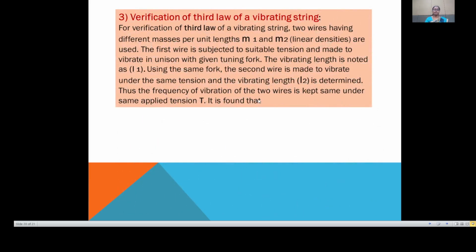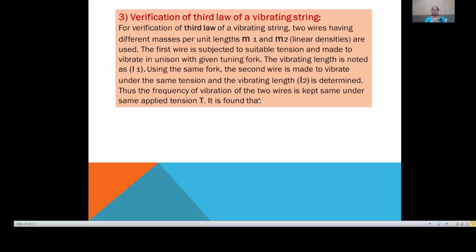The verification of the third law of vibrating string. For verification of the third law, two wires having different mass per unit length m1 and m2, linear densities, are used. The first wire is subjected to suitable tension and made to vibrate in unison with a given tuning fork.